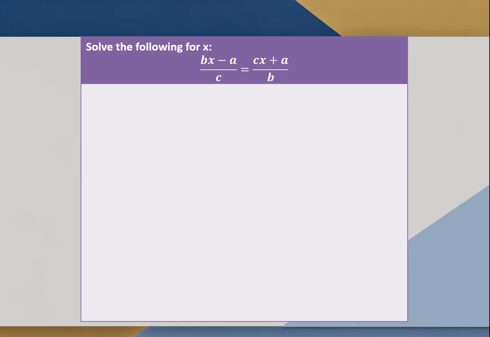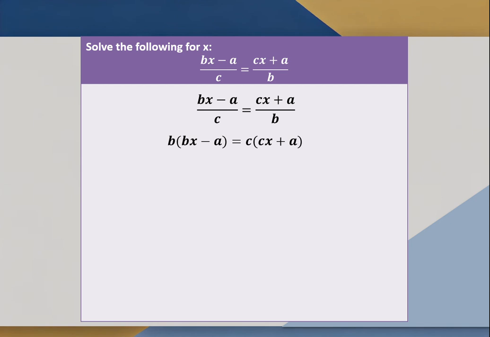Next question I've got is we're going to solve the following for x. We've got bx minus a over c is equal to cx plus a over b. So with this question, the same as what we did before, but this time, because of the equal sign, when we times it by c, we can cancel the c out. When we times this side by b, we can cancel the b out.